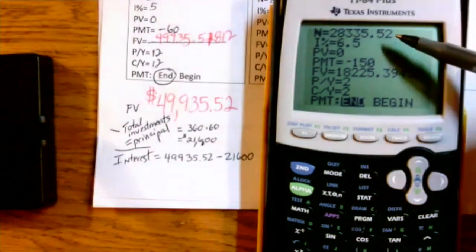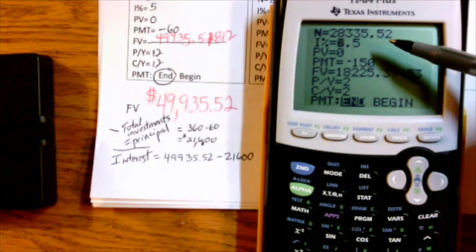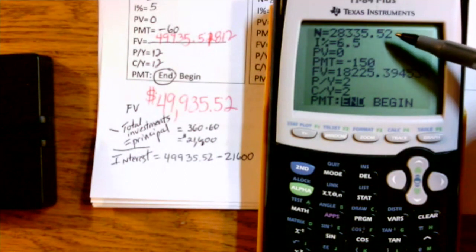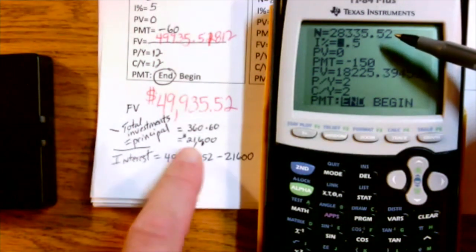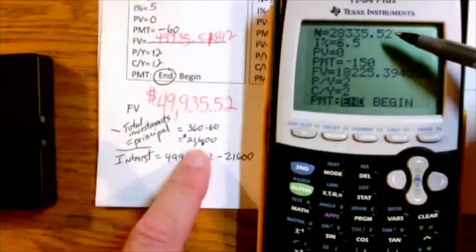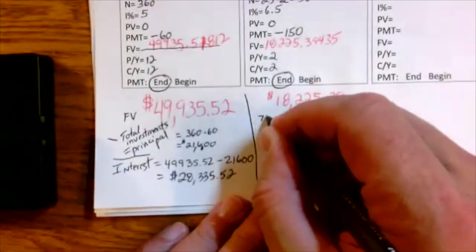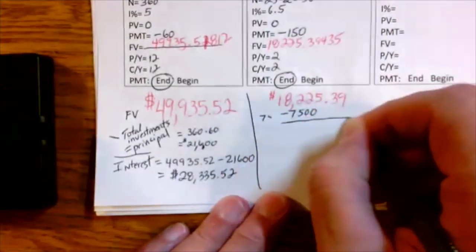All right, so actually we earned more interest over this 30-year period than we actually contributed ourselves. We contributed 21,600, and the interest we earned was 28,335. In the second problem, we invested 7,500.